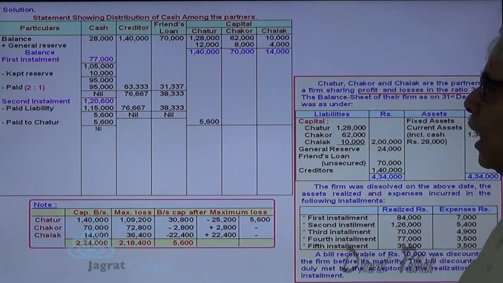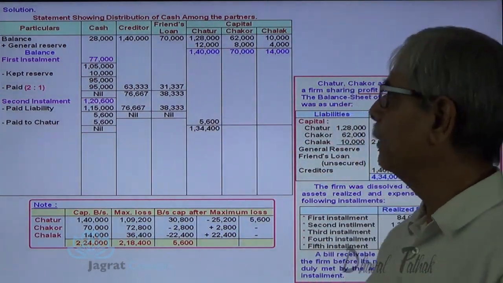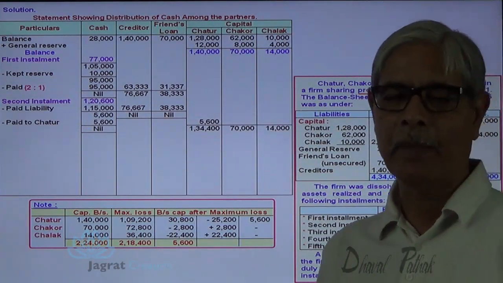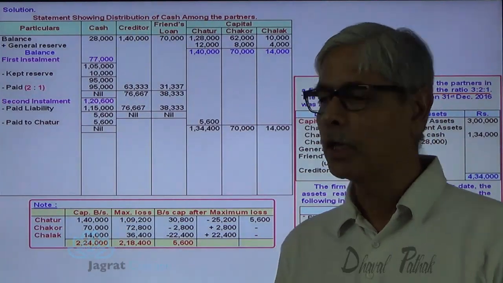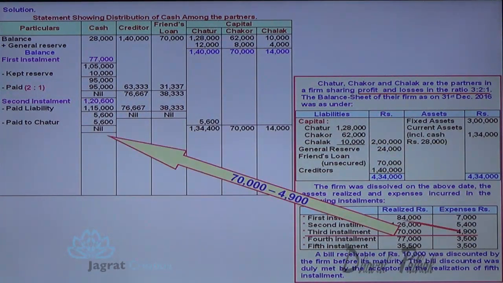Now, amount payable to Chatur is 1,34,400, and payable to Chakor and Chalak is the same, because they are not paid from this installment. Now let me proceed with the calculation for the next installment. Third installment, 30,000 minus 4,900, 65,100.